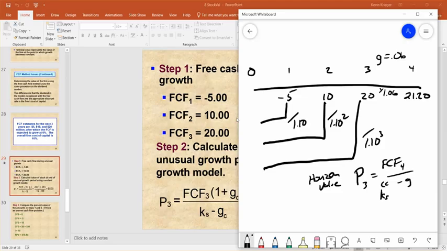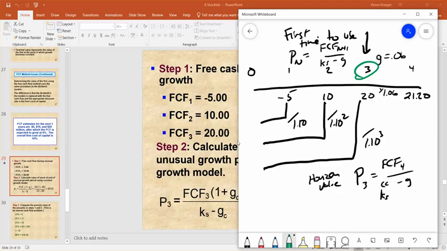This time 3 is the first time where you can use this shortcut. So we were biding our time, individually considering the cash flows until this magical time, time 3. At the first chance we get, we use this shortcut.